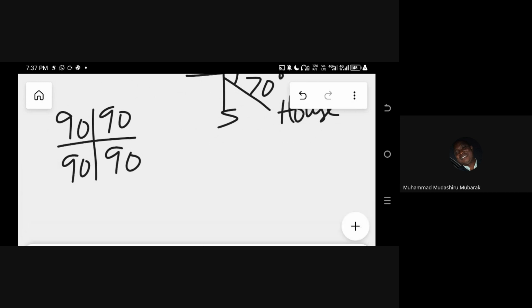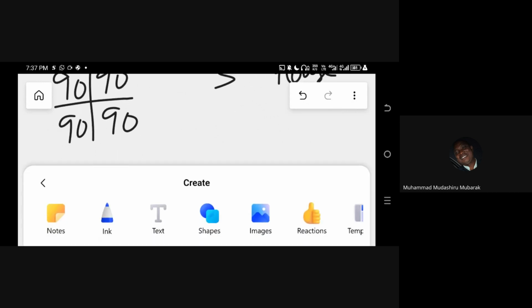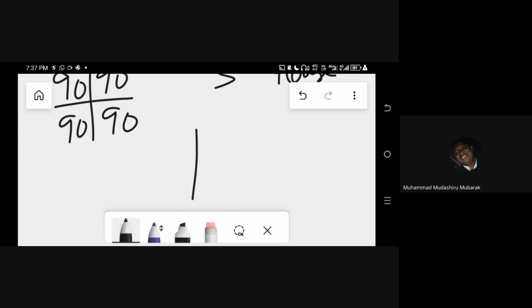Look at what I mean by touching the line of the south here. The angle is supposed to be touching this, like this. It must touch the line of the south or touch the line of the north. Those two, north and south, are where the angles must be touching.